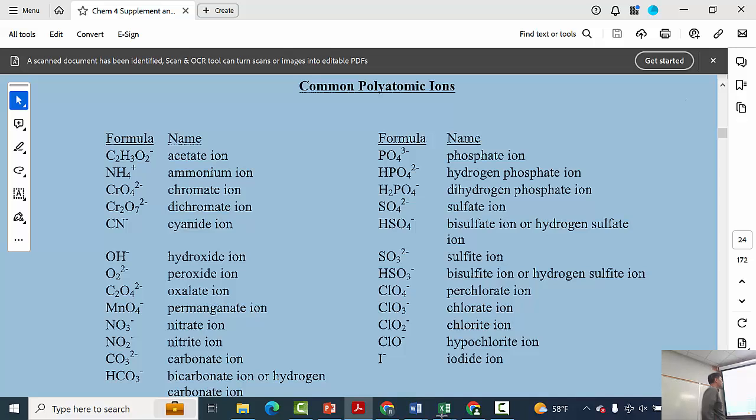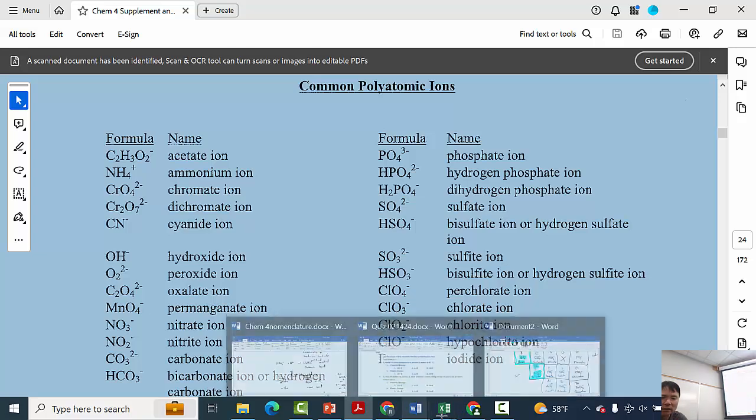The first ones I want to talk about are things like perchlorate or bisulfate or hydrogen sulfate, etc. Okay, and some other stuff. So we're going to continue on with this periodic pattern right now until we can't.